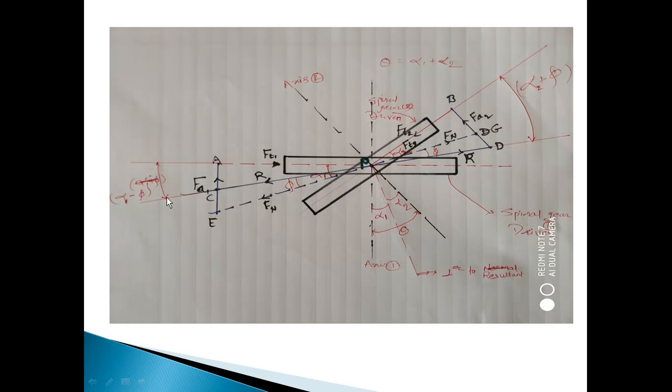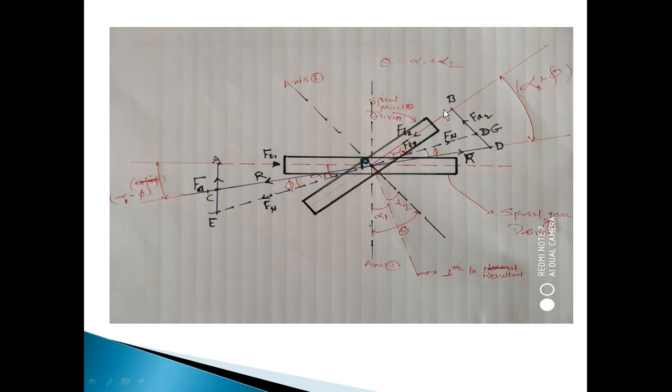This angle is equal to alpha 1 minus phi. The total is alpha 1, the next one is phi, so the first part is alpha 1 minus phi. Similarly for the driven gear, I am talking about the triangle BPD.